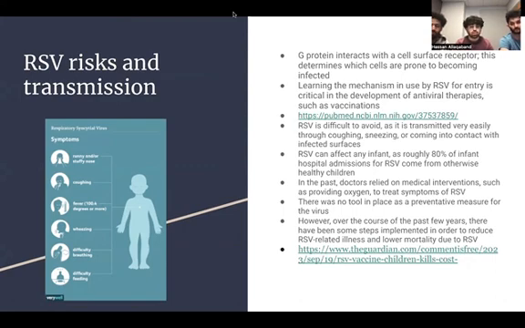Learning the mechanism of the virus is crucial to understanding how it works and for developing antiviral treatments such as vaccinations. RSV is very difficult to avoid because it's easily transmitted, especially through coughing, sneezing, or coming into contact with infected surfaces from bodily fluids such as spit or snot.